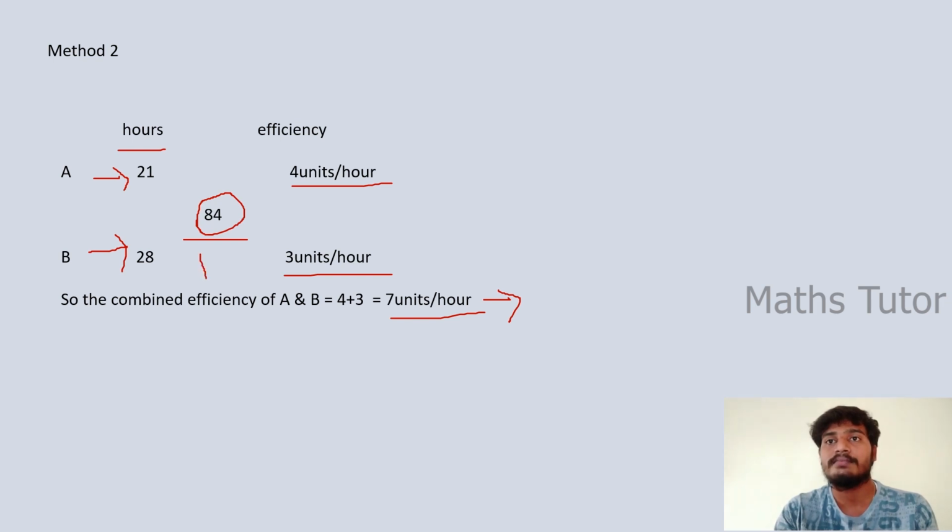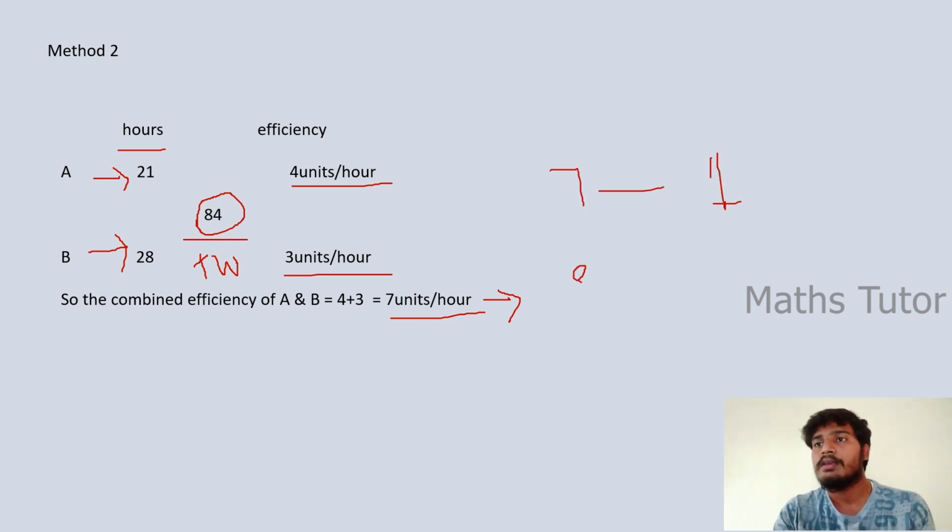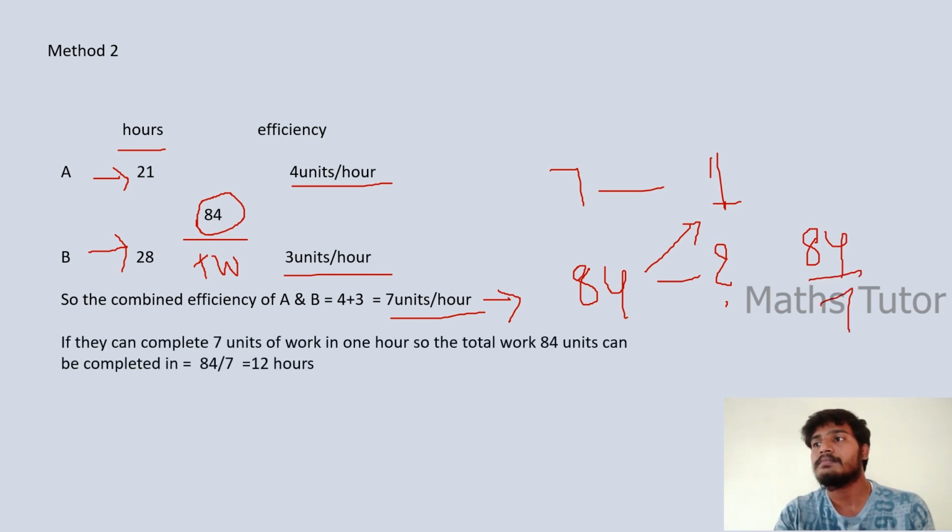Here the total work is 84 units. If they can complete 7 units of work in 1 hour, then how many hours for 84 units of work? Cross multiplying, 84 divided by 7. 7 ones are 7, 7 12s are 84.